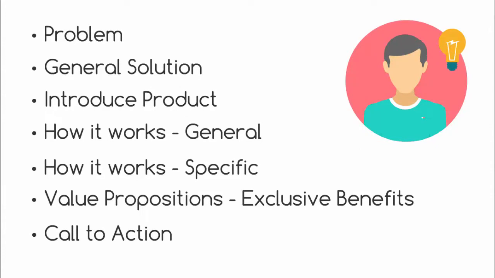Then we give a general solution to the problem, followed by an introduction to the product. Then we talk about the product and its features and how it works in general, followed by how the product works specifically to address the above problem. Next comes the value proposition, which includes the exclusive benefits you will get out of that product, finally ending up with a call to action.